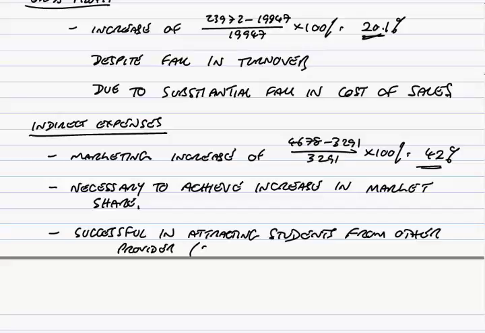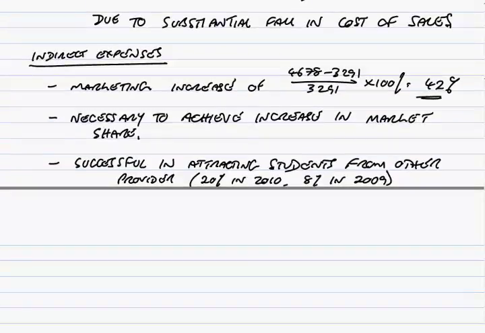20% in 2010, only, what was it, 8% in 2009. And quite importantly, although I'm not suggesting we won't do any marketing in future, we're unlikely to need the same level of marketing in the future.